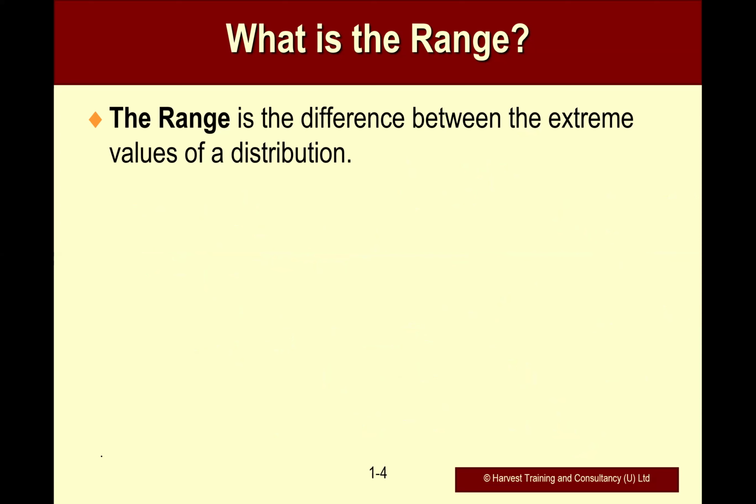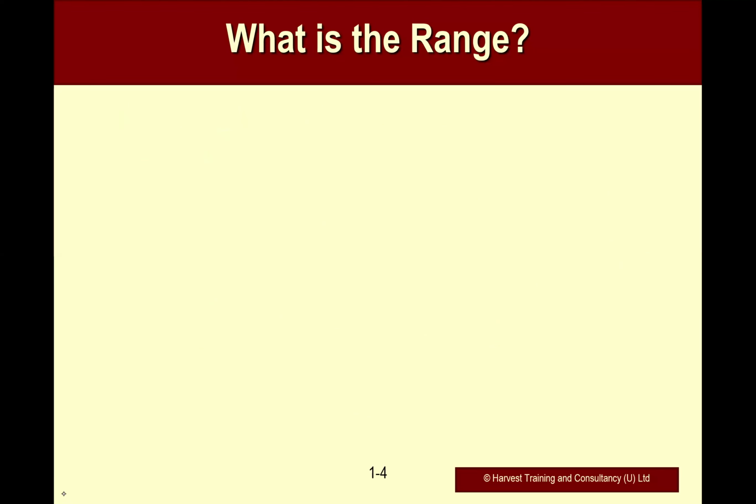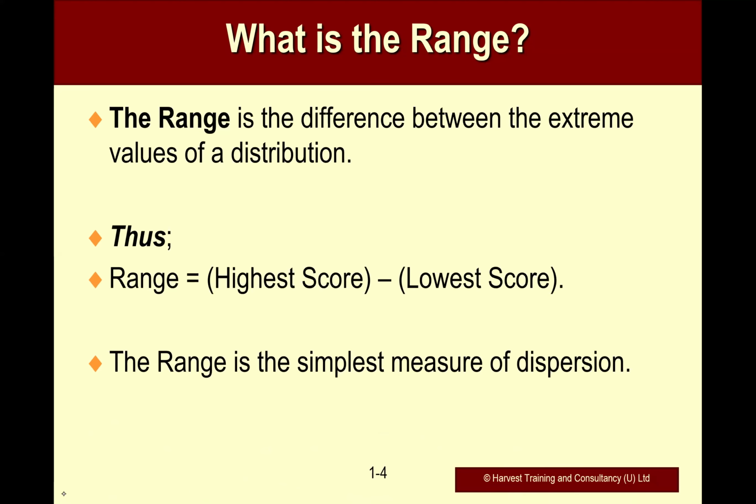So that makes it a problematic measure. One, we've said it only considers the extreme values. And then number two, it does not distinguish between two sets with the same extreme values. So if the highest score and the lowest score for set A and set B are the same, it will not distinguish between set A and set B. It will tell you that set A and set B are the same in terms of dispersion.